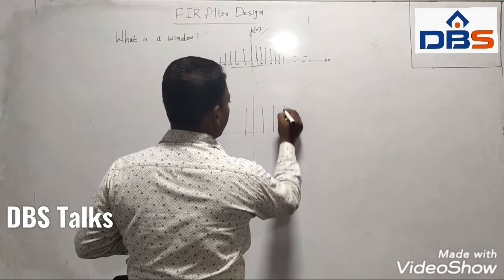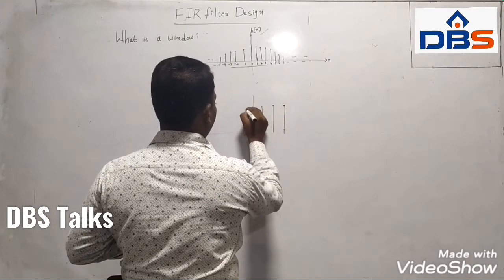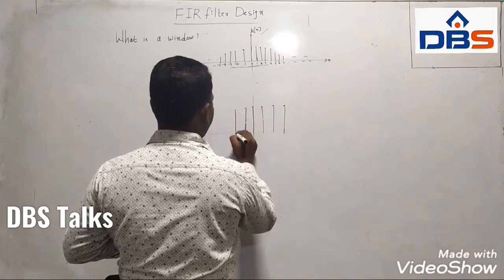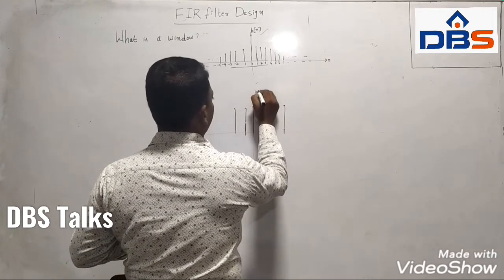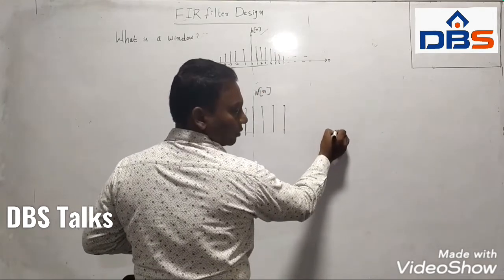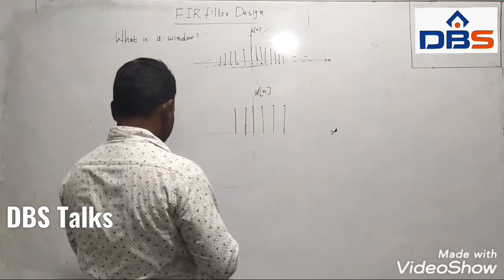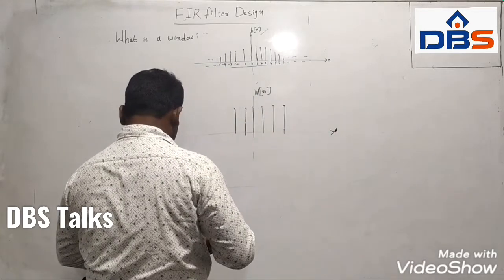Like this, suppose you assume that there is a weighing function called Wn, and this Wn is a window function.